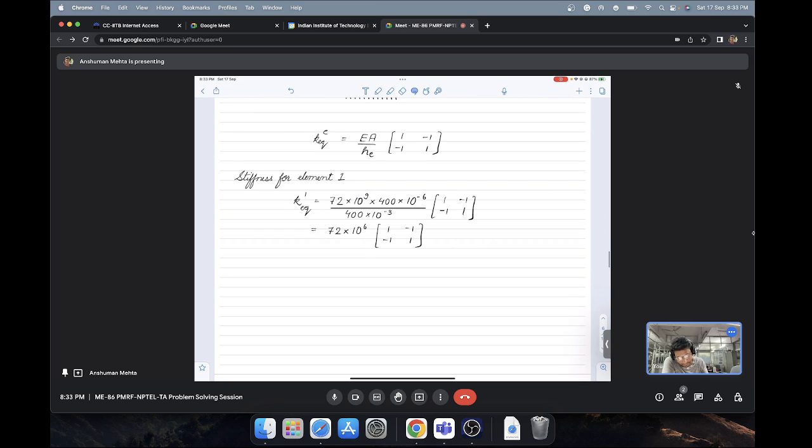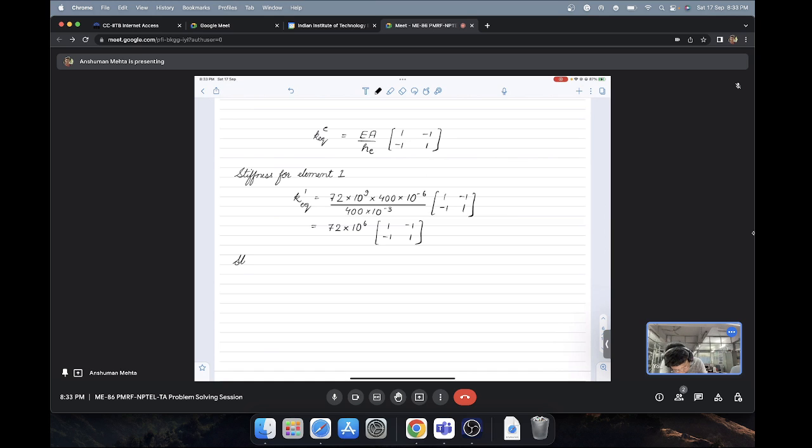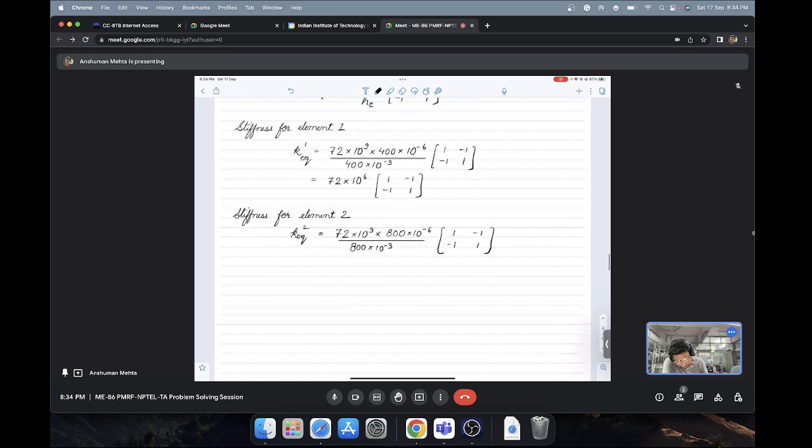This is for 1. So which is the same as stiffness 1.